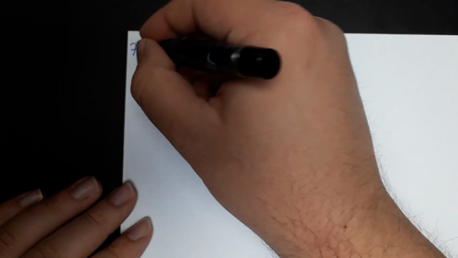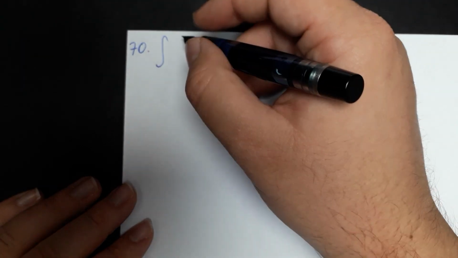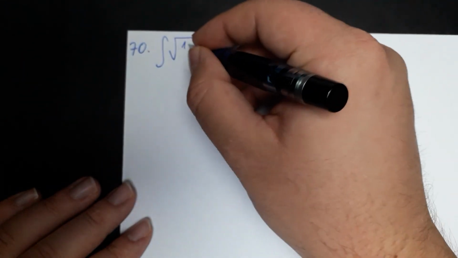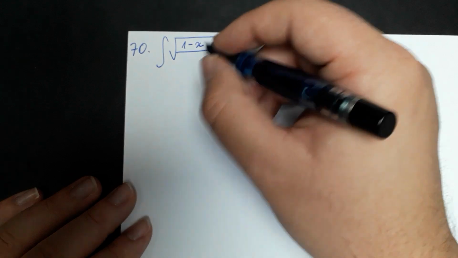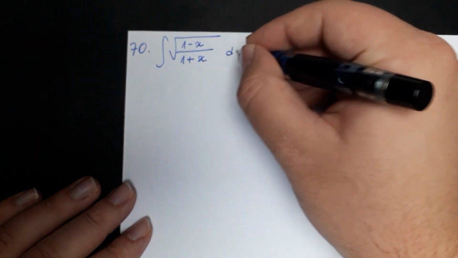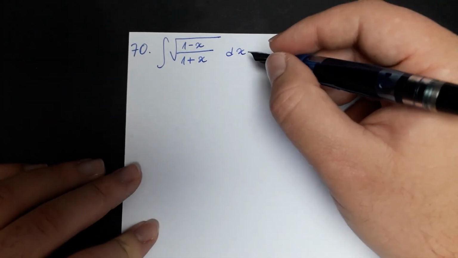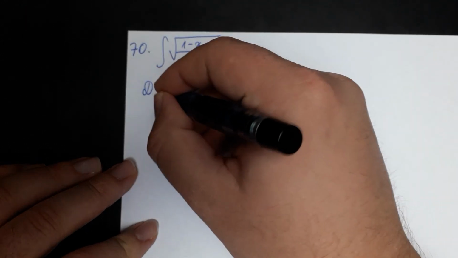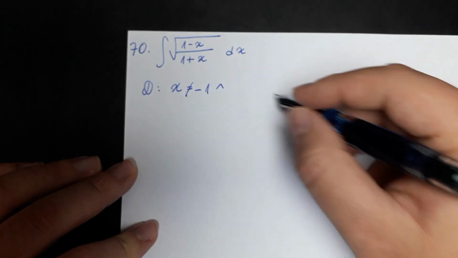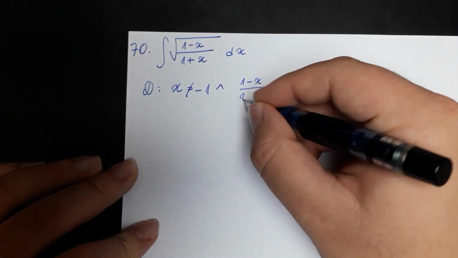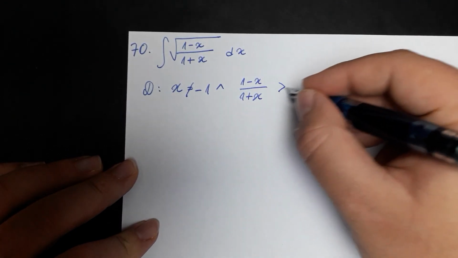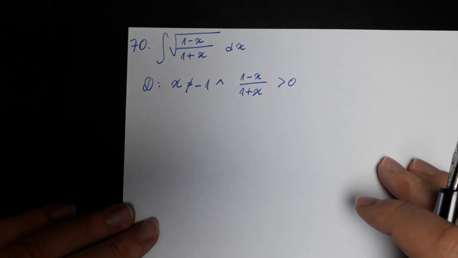Integral number 17 on our list is an integral of a square root of 1 minus x divided by 1 plus x dx. Now, the area in which this integral is defined is for x different than negative 1 and 1 minus x divided by 1 plus x strictly larger than 0.